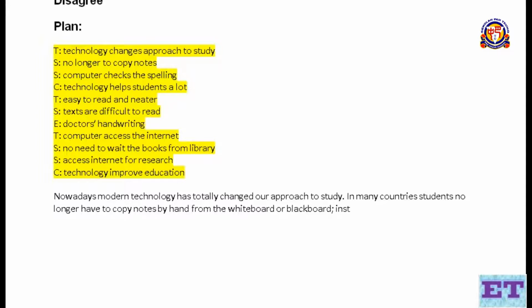Instead the teacher gives them a photocopy, right?